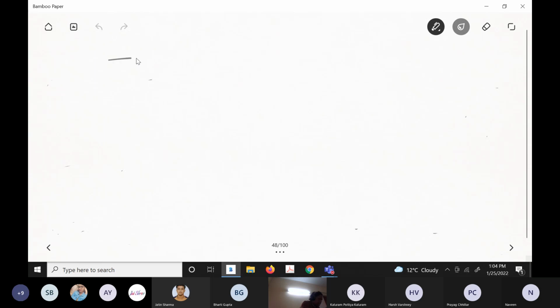Here, suppose you have a square. This is not a straight line, don't bother much about it. 2 pi, 2 pi, 0, 2 pi.